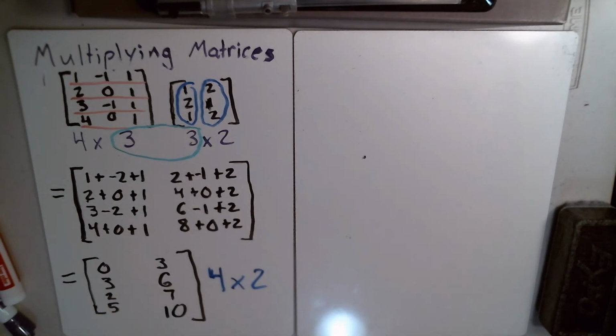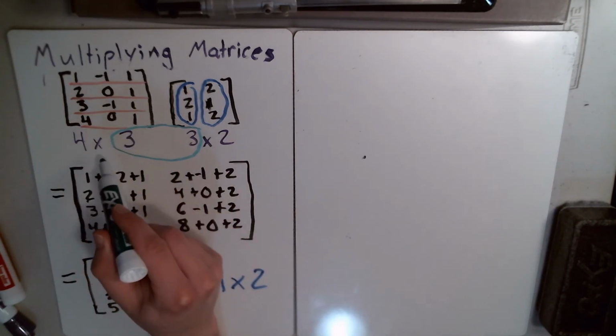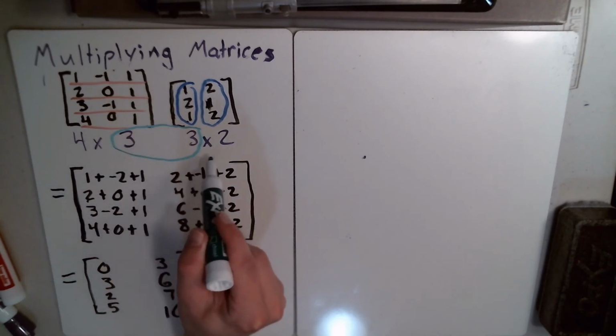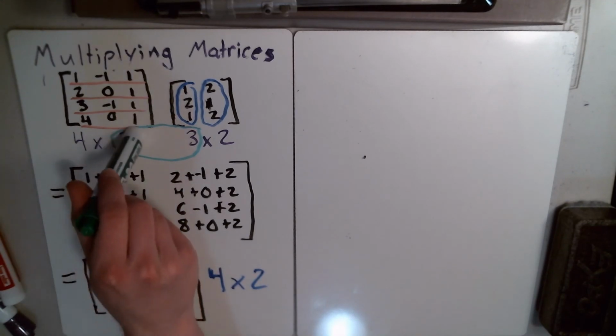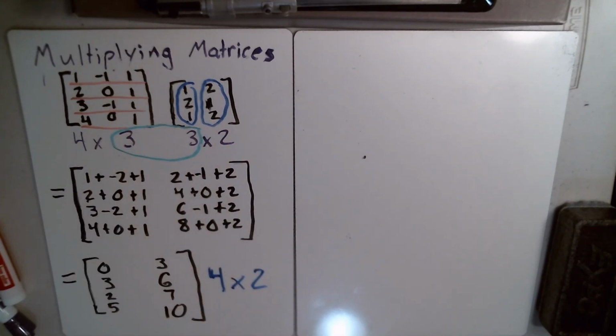And then when we multiply them, these middle two just cancel out and we get a 4 by 2 matrix. Now, you can't just say 4 by 2. You actually need to figure out what the matrix is. But that's a handy trick to know what size your matrices will be after you're done multiplying. If these two numbers don't line up, if they're not the same, you can't multiply the matrices. It's not defined.